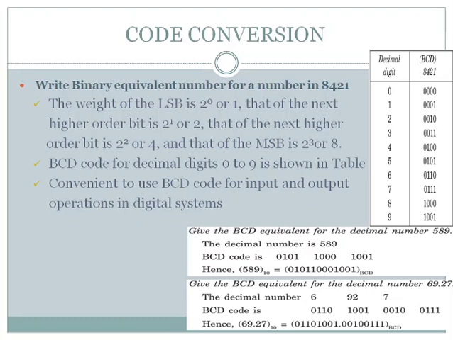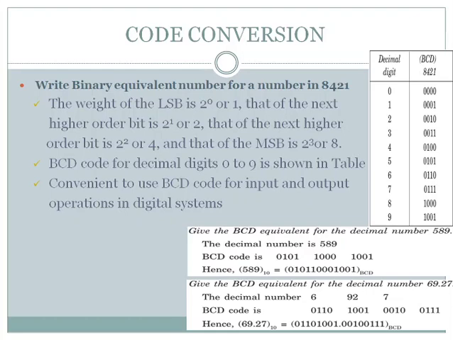We'll see how decimal digits can be represented using this code, how to convert a particular BCD code into a binary equivalent number, and how to write a binary equivalent number for a given code in the 8421 coding scheme.